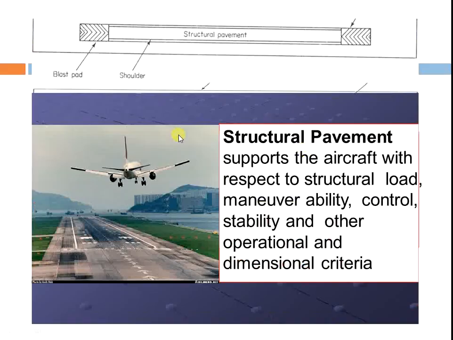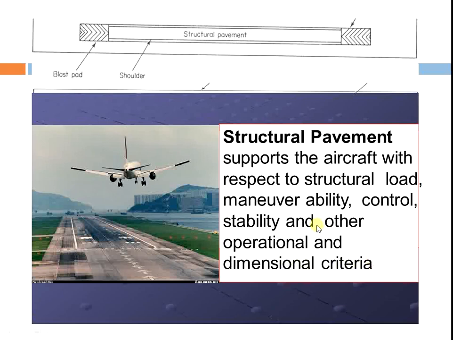The first is the structural pavement. This is the main structural pavement. The structural pavement supports the aircraft with respect to structural load, maneuverability, controls, stability, and other operation and dimensional criteria.